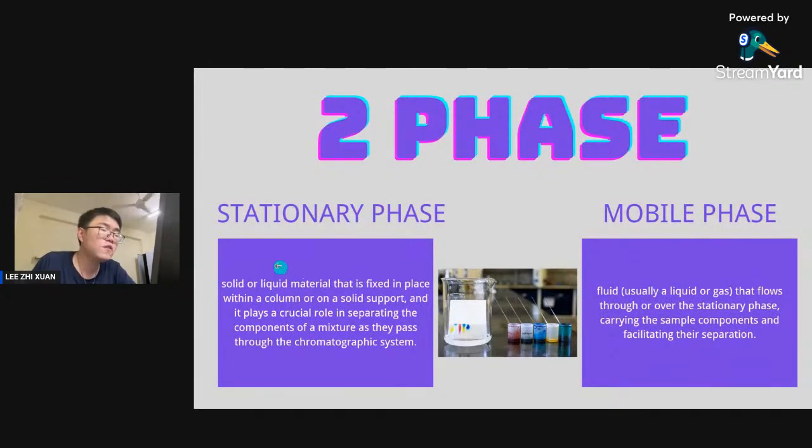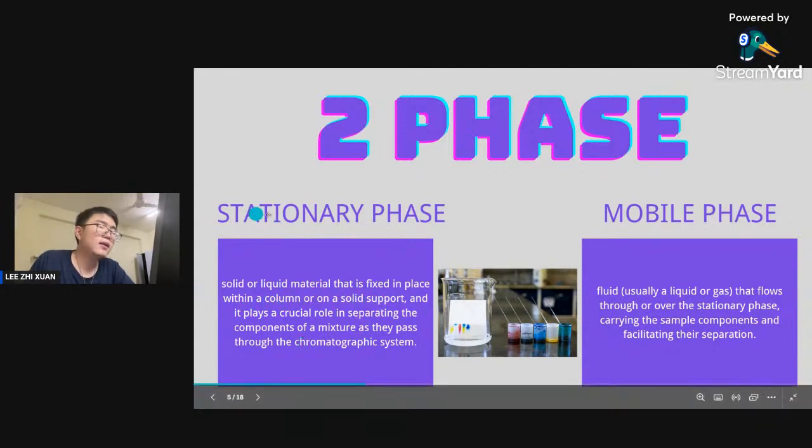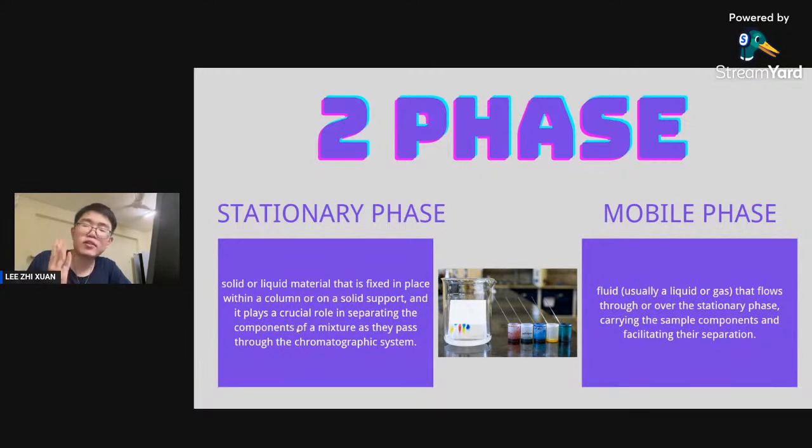The stationary phase is either a solid or liquid molecule fixed in place within a column or on a solid support, and it is the phase that plays the key role in separation. So this is the location where the chlorophyll pigment will be separated.